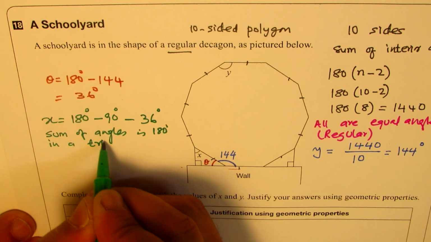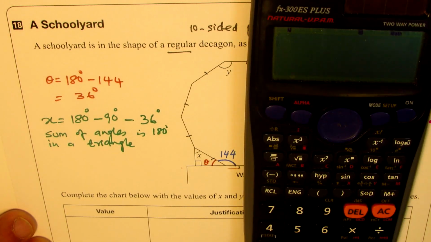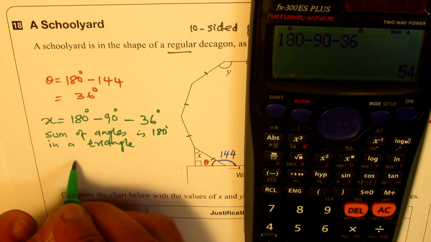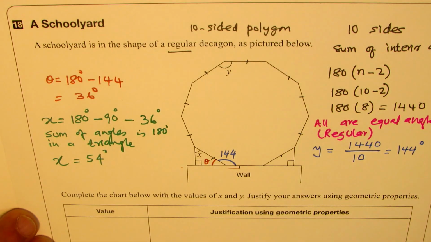So let's calculate this answer now. We get 180 minus 90 minus 36 degrees, and that gives us 54 degrees. So x is 54 degrees, correct?